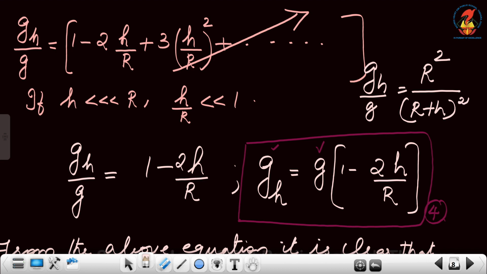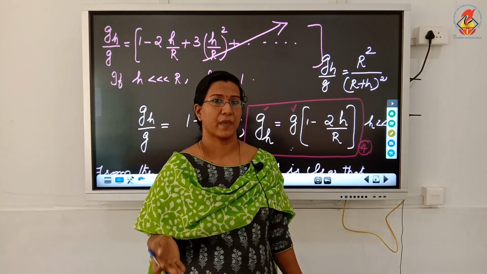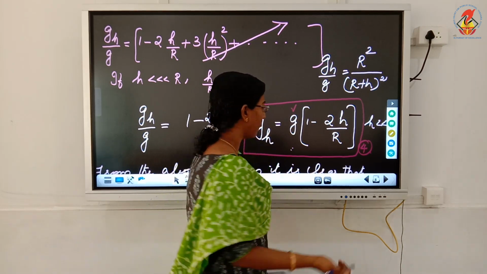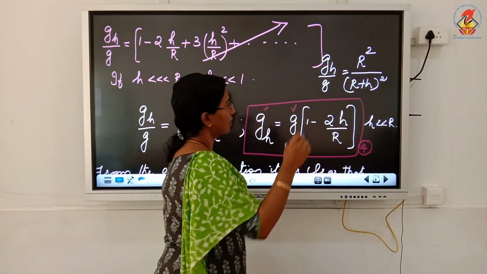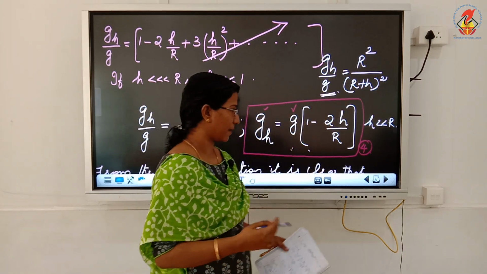It is regarding your problem solving. You can use this equation only if h is a value very small compared to r. For example, an object kept at a height of 34 km above the surface of the earth. When compared to the radius 6,400 km, it is very small. So that time you can use this equation. Else we have to use the other equation to solve the problem. So I'll say the steps once more.